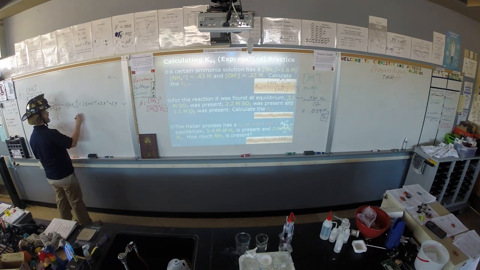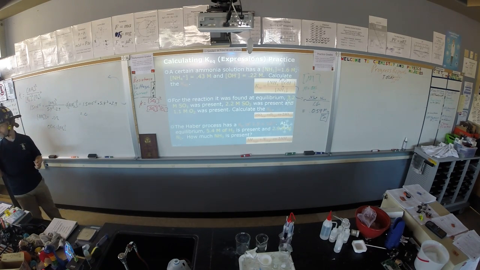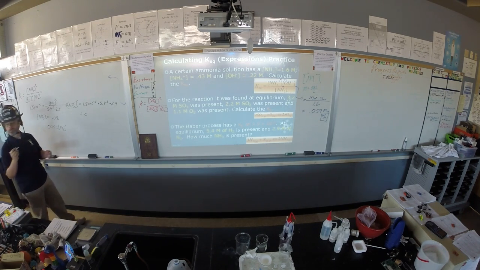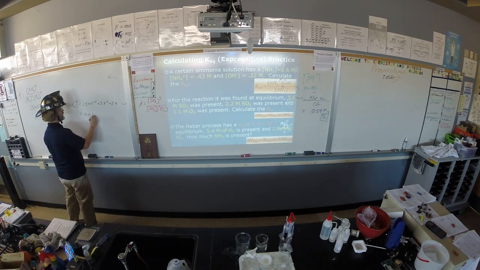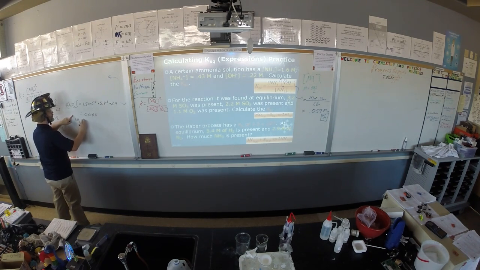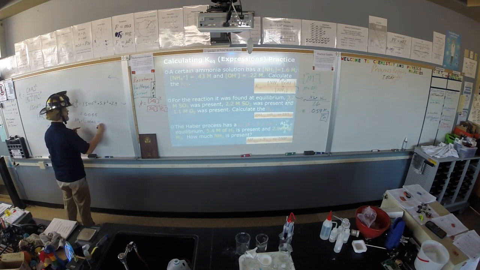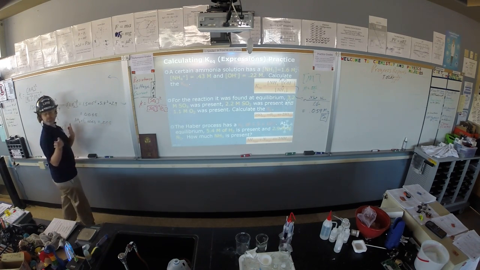What is the actual number before you square root it? 0.0068? Yeah. Okay. And that is the NH3 squared. Then the NH3 is going to be the square root of that 0.0068, and that's in the neighborhood of 0.083.